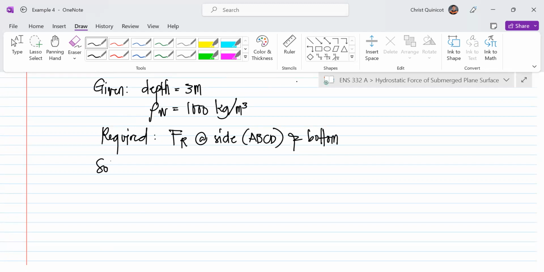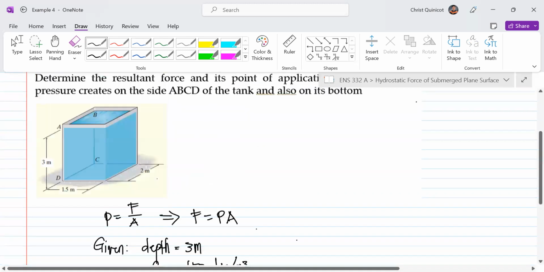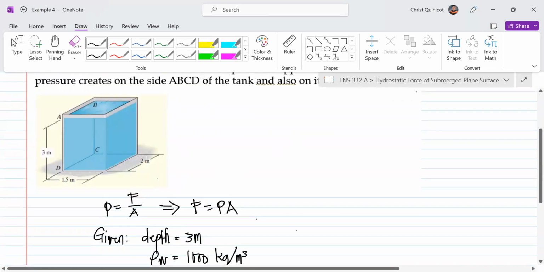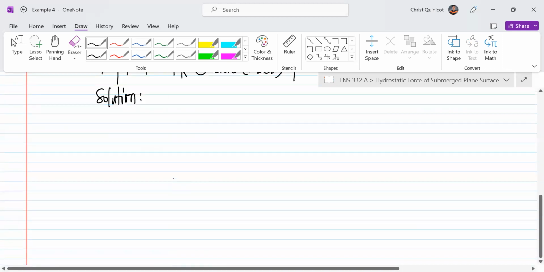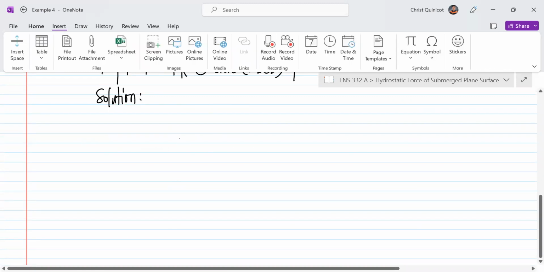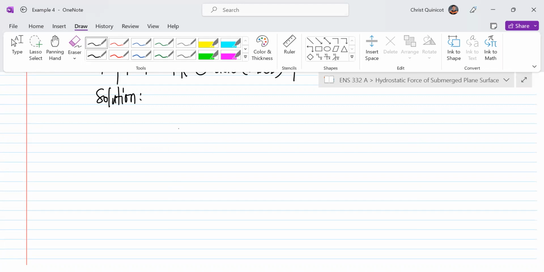Actually, this is very straightforward, but what is needed here is some sort of analysis into how we are going to solve for our resultant force. We know that the pressure that our fluid exerts can be solved using this formula.